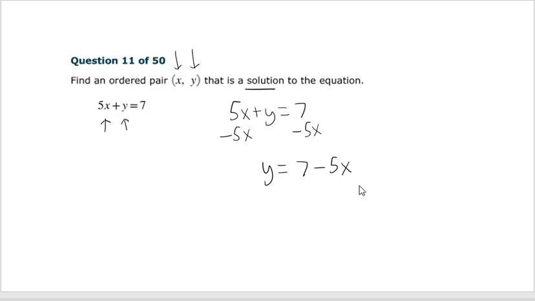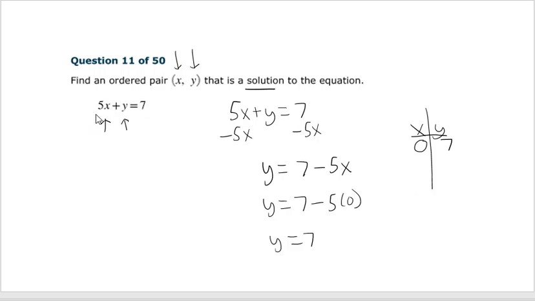Now, if I want to find an ordered pair that's going to be a solution to this equation, one thing that I can do is set up a table of values and pick whatever I want x to be and then figure out what that's going to force the y to be. Okay, so if I take this equation and let the x be a 0, 5 times 0 is 0, and 7 minus 0 is 7, that means the y is going to be 7.